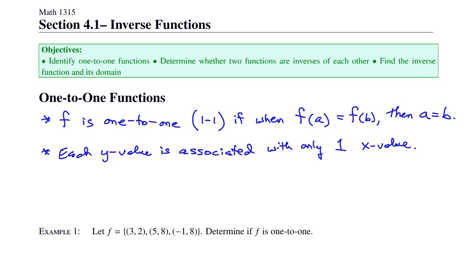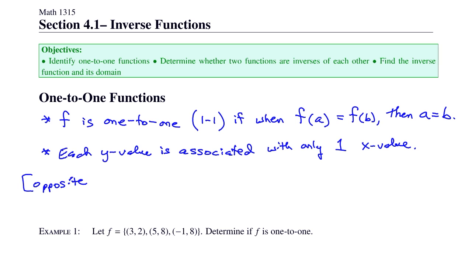We may have talked about something like this before when we talked about functions, but with functions it was the other way around. A function has only one y value associated with each x value. So this is the switch of that, and that's going to be a recurring theme as we go on today.